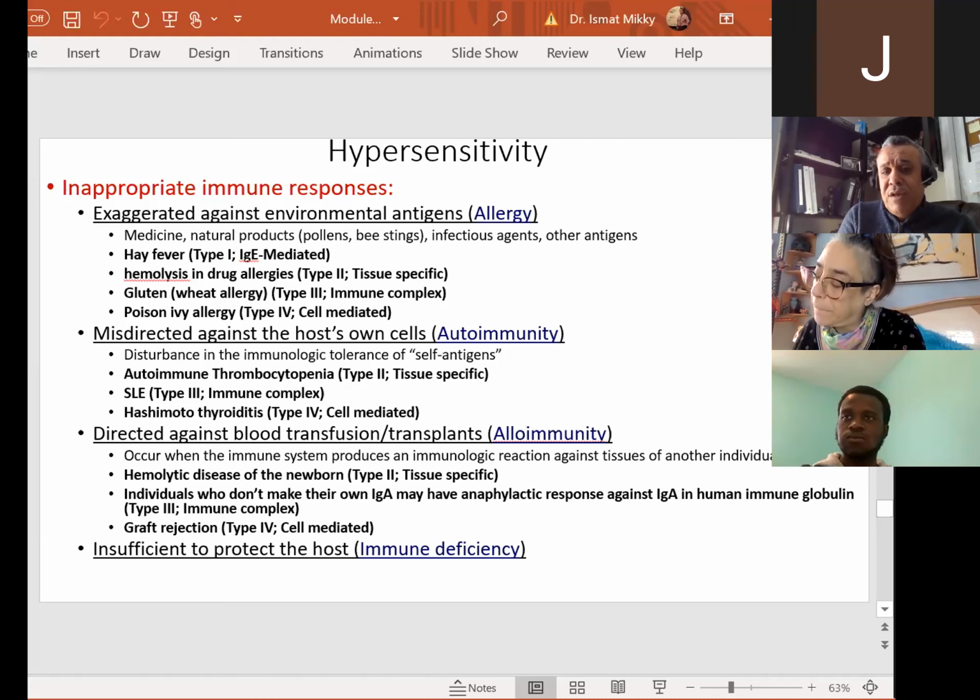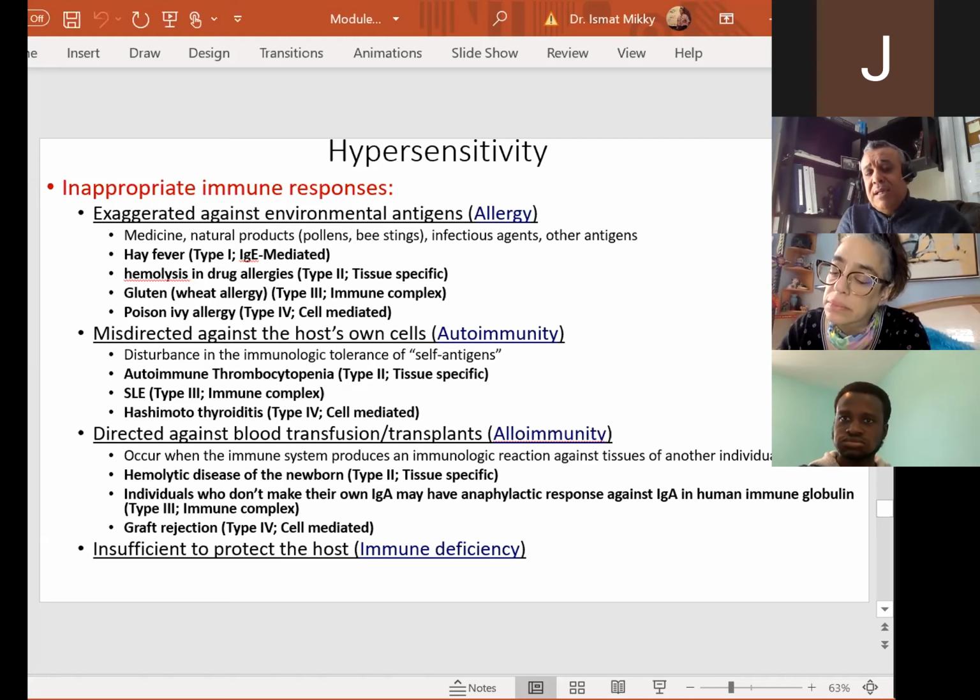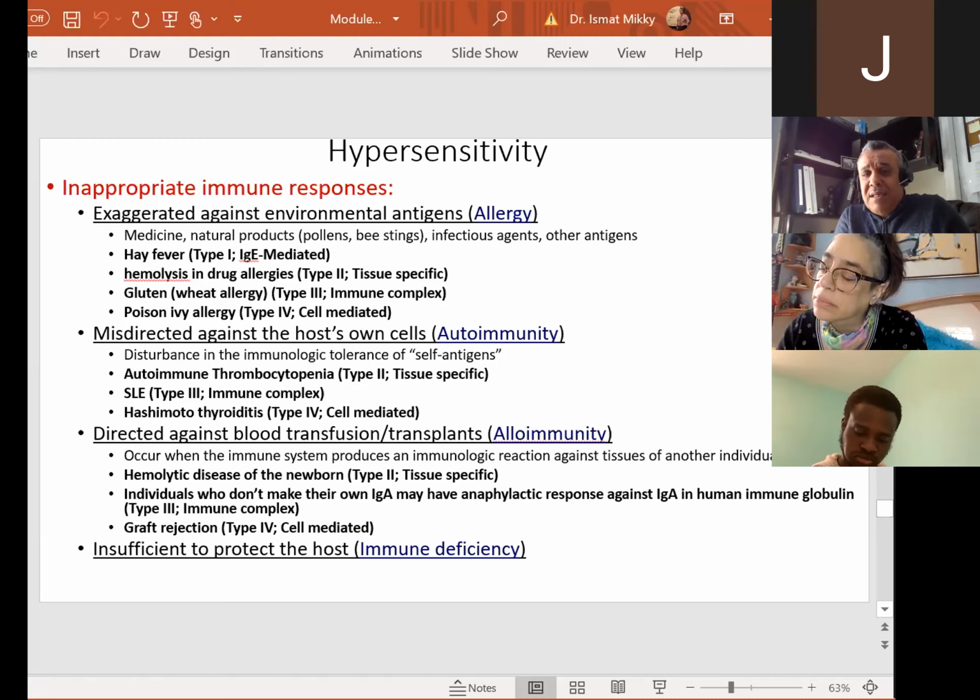An example of alloimmunity. So the difference between autoimmunity and alloimmunity: in autoimmunity, our own immune system will target its own cells, everything inside the body. Alloimmunity is always the immune system targeting something that we receive from outside. A blood transfusion is coming from outside, exogenous, something we receive, and then our immune system will target it.